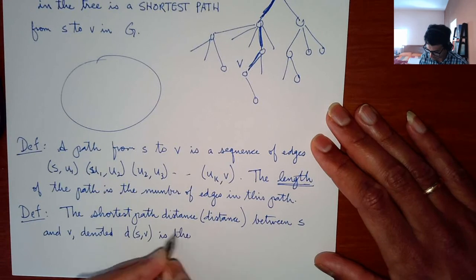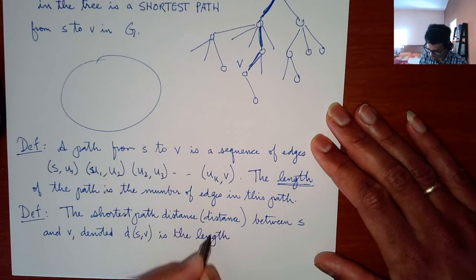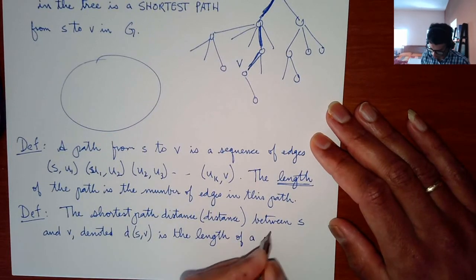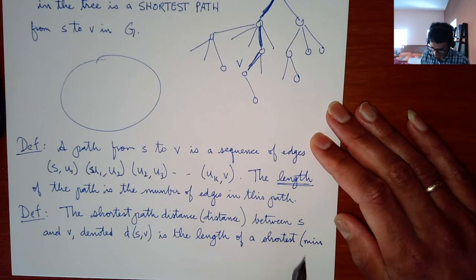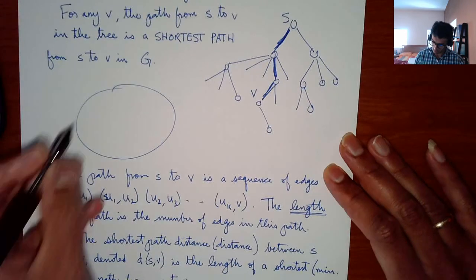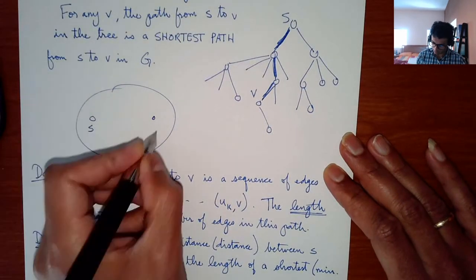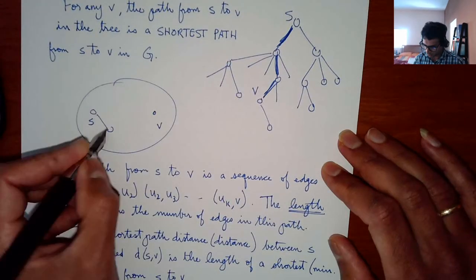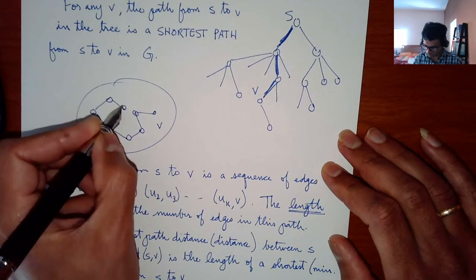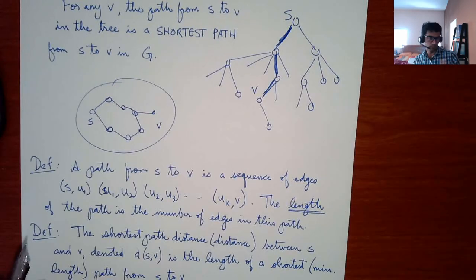It is the length of a shortest path, which is the minimum length path from S to V. So what I'm saying is, if you look at the graph, you could have lots of different paths that go from S to V, and some of them might intersect each other.